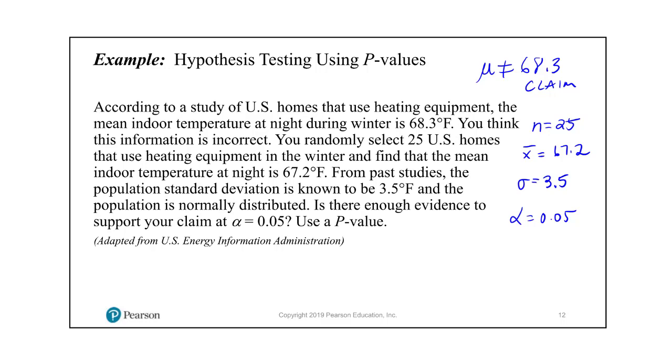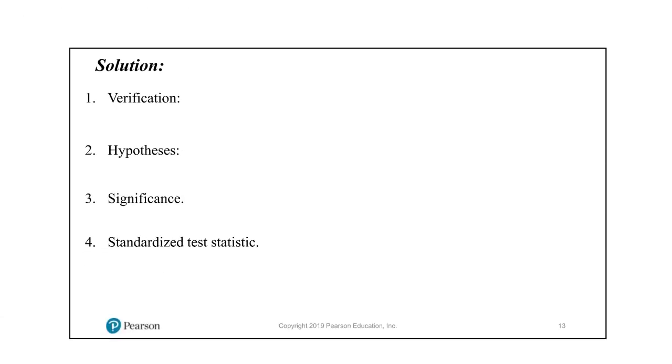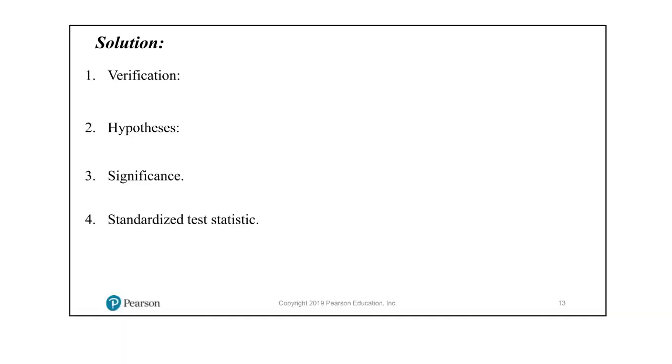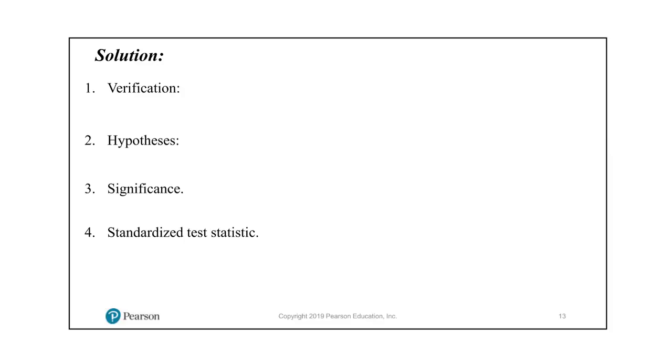Let's start building the hypothesis test and working it out. We need to verify that everything is good for a z-test here. So the first thing, we'd want to say that sigma is known, and we do know that because that was given.